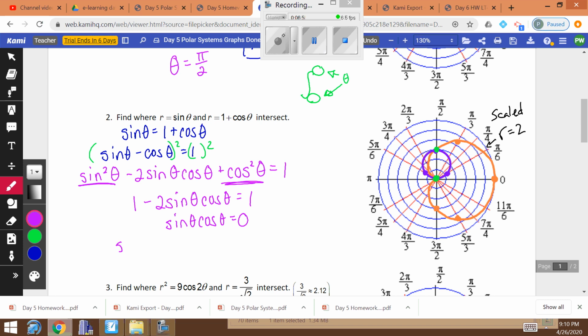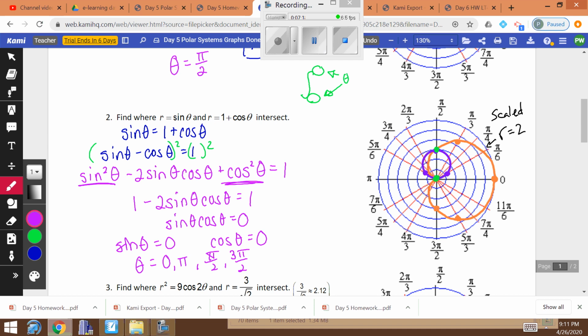That means we want to know where the sine is 0 and where the cosine is 0. The sine is 0 at 0 and pi. The cosine is 0 at pi over 2 and 3 pi over 2. That gives us four places where they intersect.